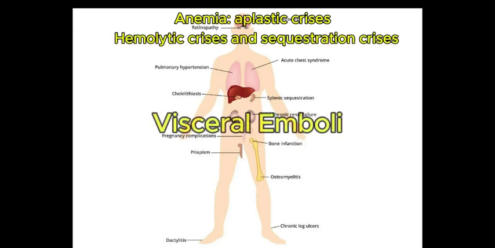Symptoms of visceral emboli, for instance, in the lungs, spleen, kidneys, renal papillary necrosis, liver, heart, brain, or spinal cord, which can lead to multi-organ failure. This may present with jaundice and also predisposes to development of gallstones.